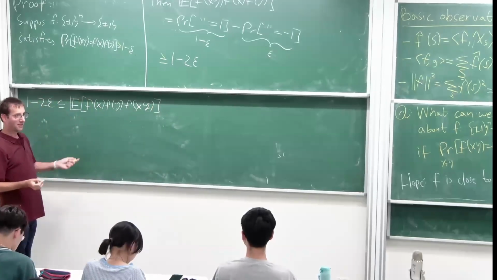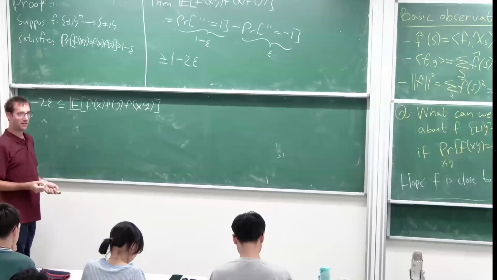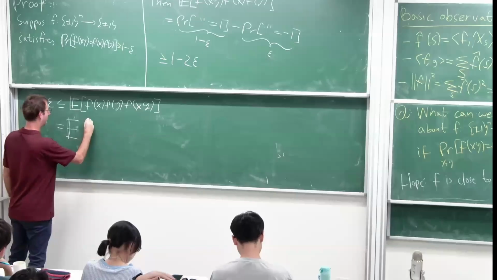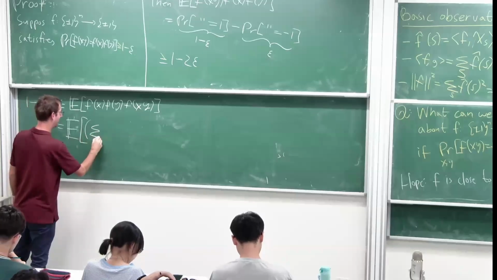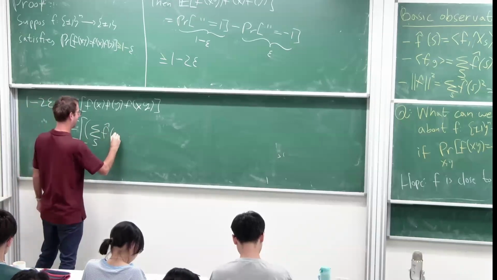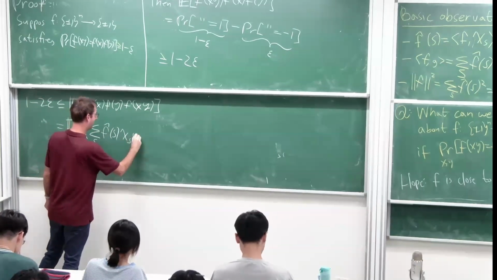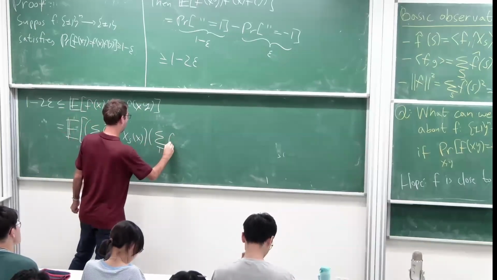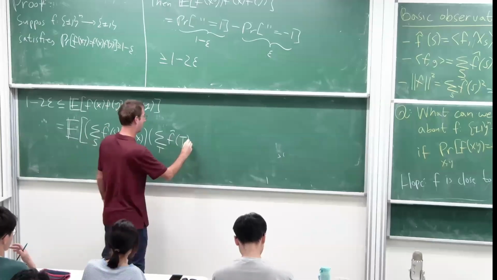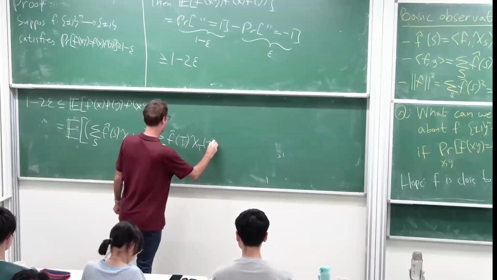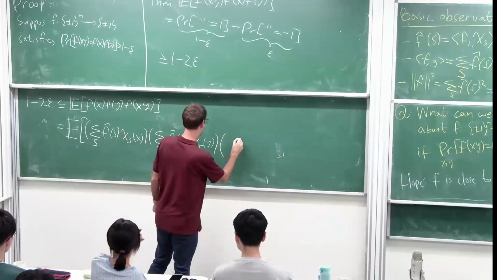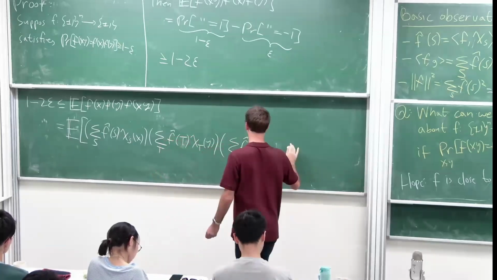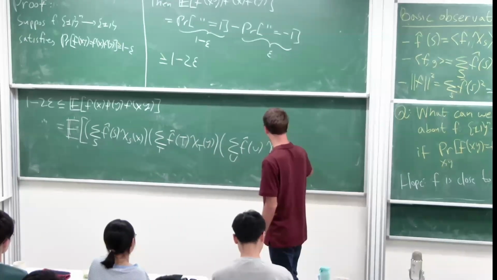Okay, so now we just substitute the Fourier expansion for each of the 3 copies of f. So this is going to be the expectation of the sum over s of f hat of s times chi s of x, times the sum over t of f hat of t times chi t of y, times the sum over u of f hat of u times chi u of xy.